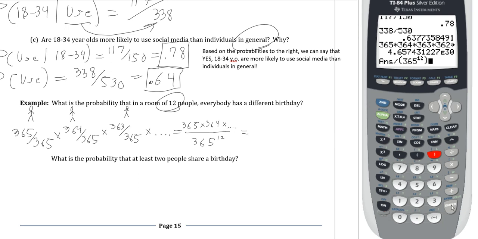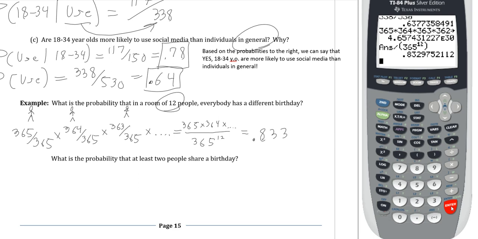Now that number is also going to be very large, but it should counteract the top one, at least to some extent. If I divide those, what I get is a probability of 0.833, or 83.3% chance. So there's an 83.3% chance that in a room of 12 people, everybody has a different birthday.